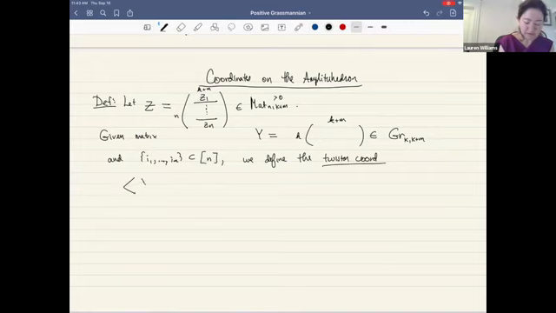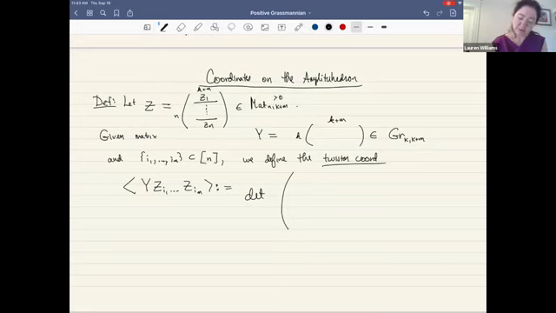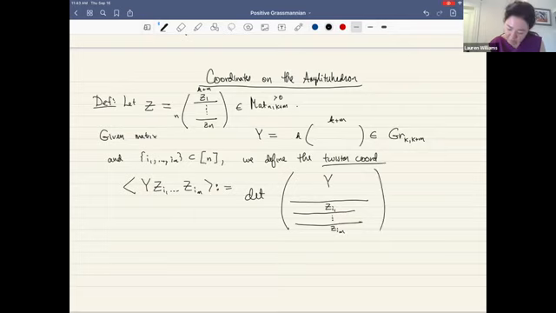We'll denote it as Y⟨Z_{i_1} ... Z_{i_m}⟩, and this is defined to be the determinant of the matrix I get if I put the matrix Y on top, and then below it the rows Z_{i_1} through Z_{i_m}.